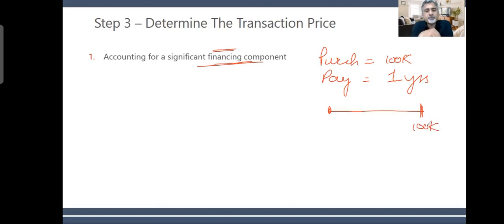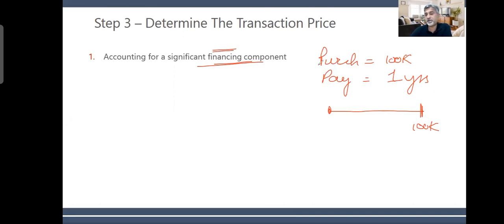Now, one thing is for sure, it would come to my mind that I will go to my supplier and ask him, see, you say pay 100K after 1 year. What if I pay you today? What if I pay you in advance? If I pay you now, don't you think that there will be some discount? Don't you think that the cash price would be less?